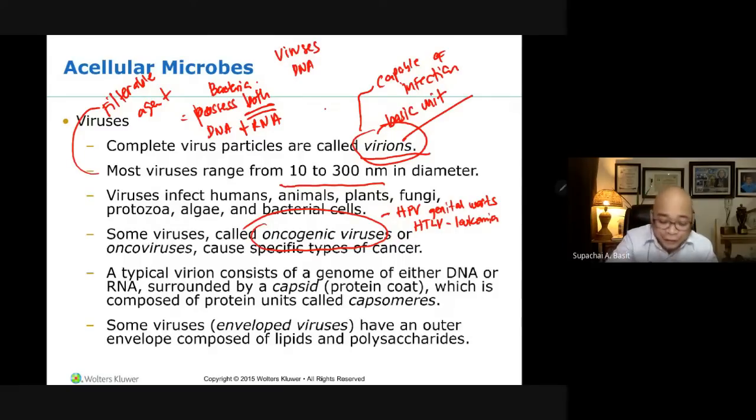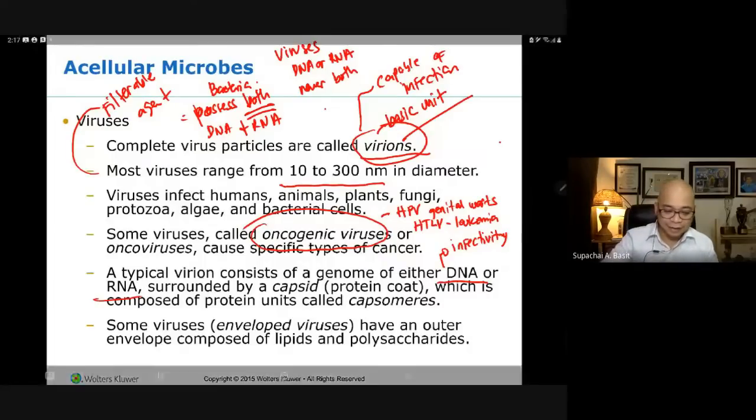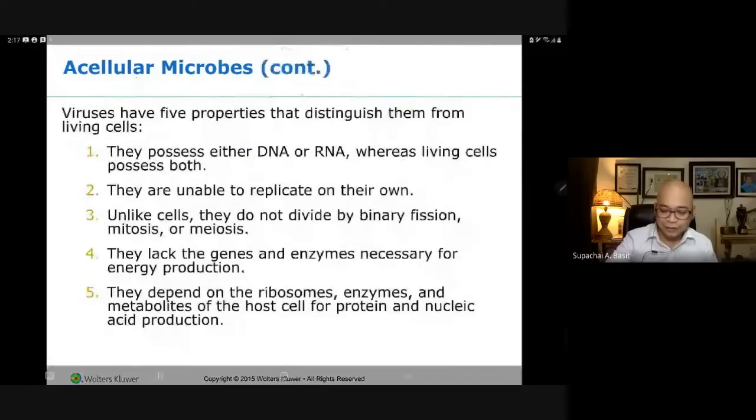It's either DNA or RNA. They never possess both nucleic acids. And why is it important? DNA or RNA, they are important for infectivity. So that's the reason why we consider them as important.